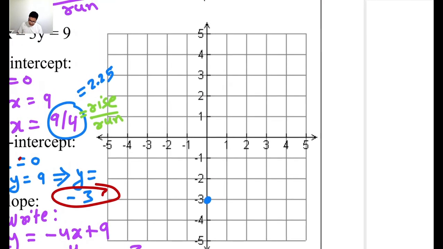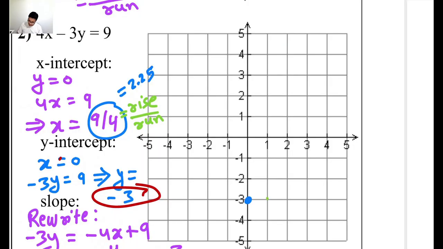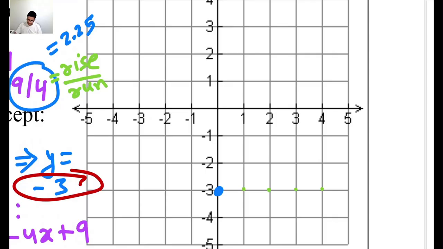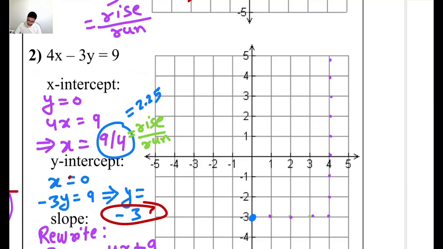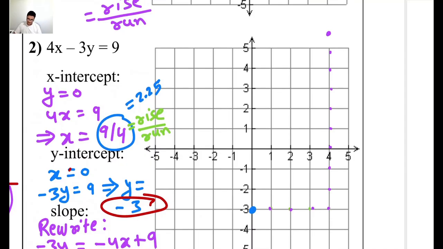That means I'm going to go 1, 2, 3, 4 units run, horizontally, then rise 9 units: 1, 2, 3, 4, 5, 6, 7, 8. Okay, that's also a little bit of a problem because of the size, but we get the idea.